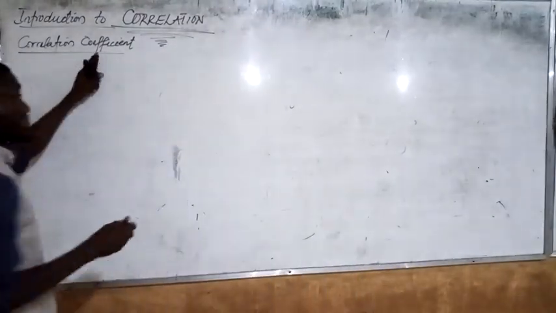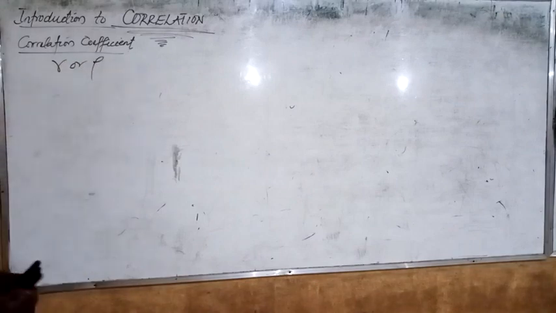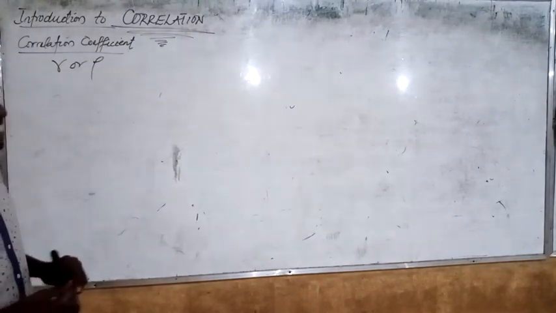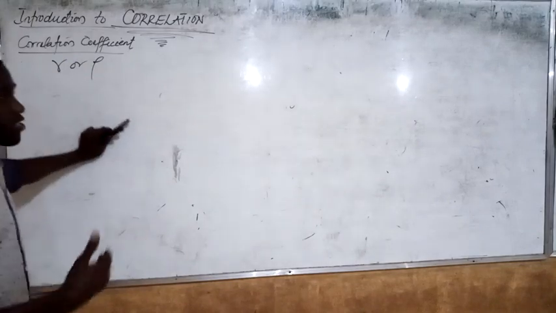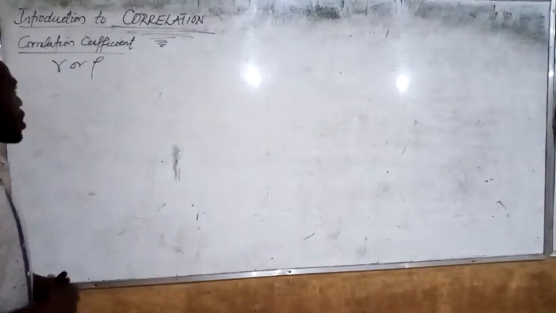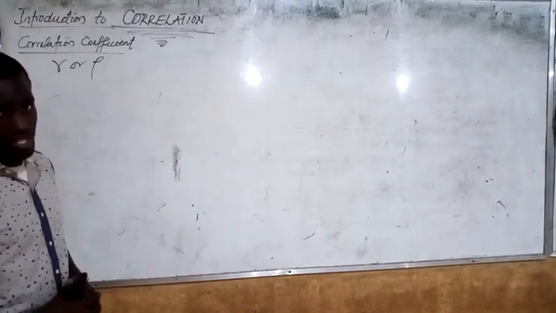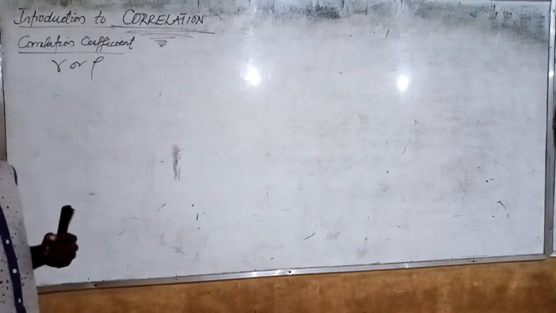Now let's discuss that in detail. I said this correlation coefficient is denoted by r or rho. It is a value that helps us to get the characteristics of the relationship or correlation that exists between two variables and the strength of that relationship, or even the direction. All right. So our correlation coefficient is given by a particular formula.